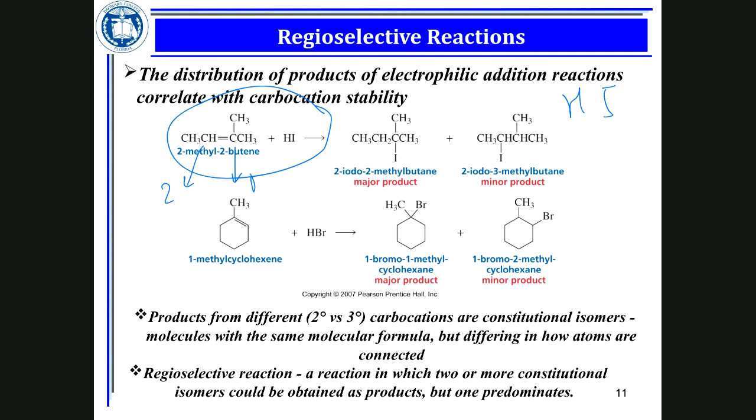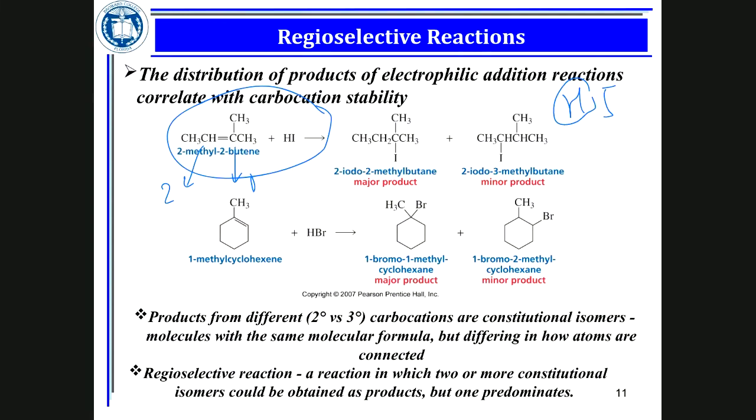When you bring H, H is going to attack carbon 2, and as a result carbon 1 will take the positive charge, and you will get a tertiary carbocation. If carbon 2 takes the positive charge, you will get a secondary carbocation. The more stable one is the tertiary. So before you add the hydrogen, you have to look at the structure of your reactant.